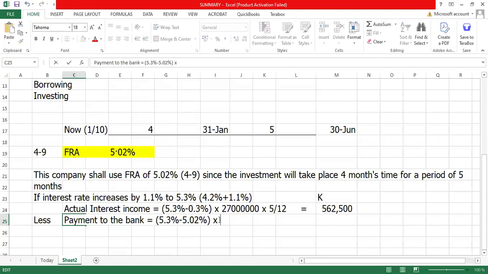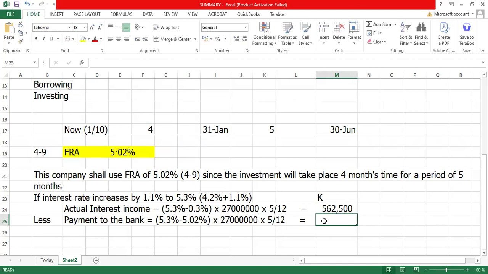So you multiply by 27 million. How much do you get?